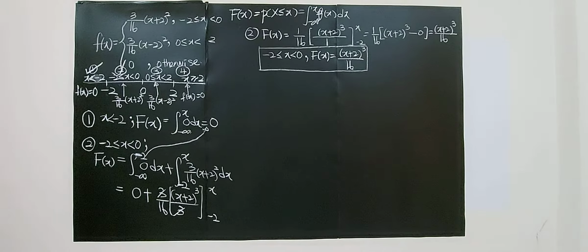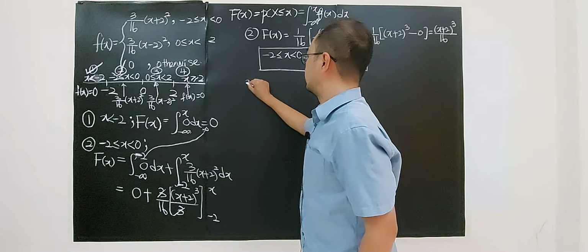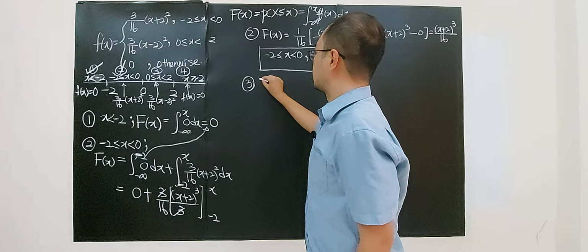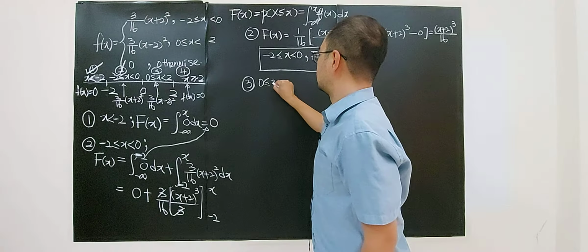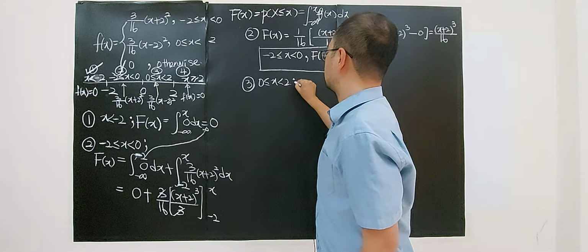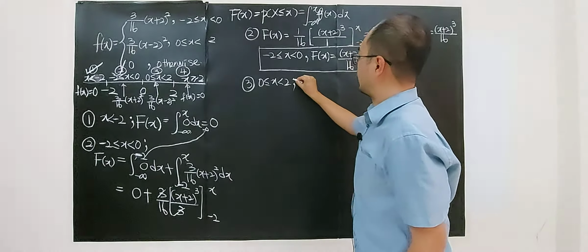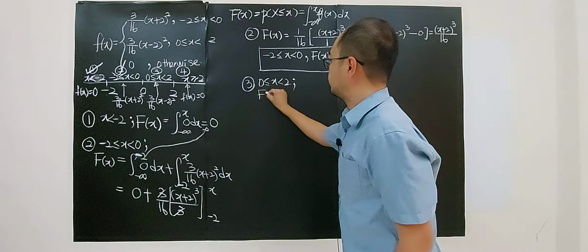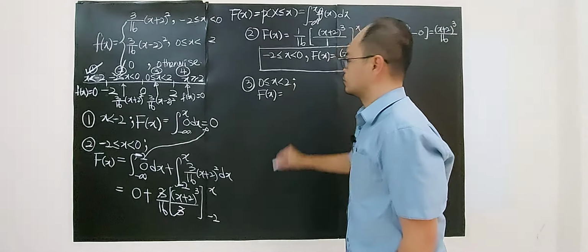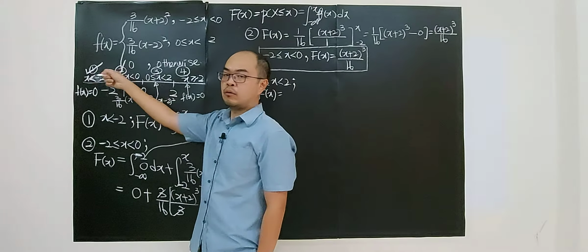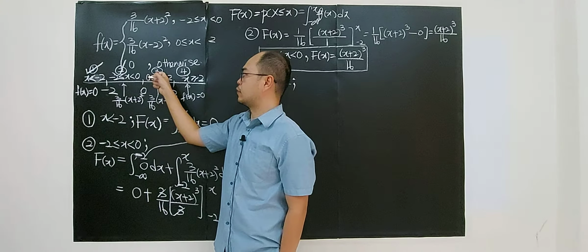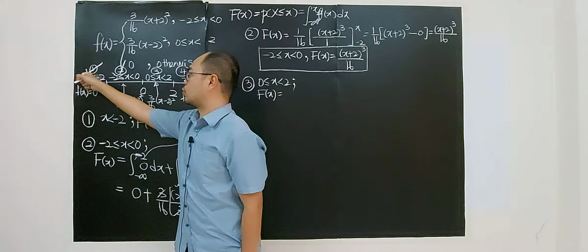So to have systematic working, now I go for the third interval. The third interval is 0 up to 2. So let's find the cumulative. Your F(x), start all over again, right? But while you're going for the third interval, you already put a tick.